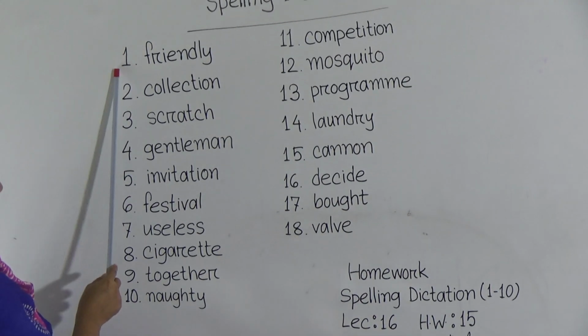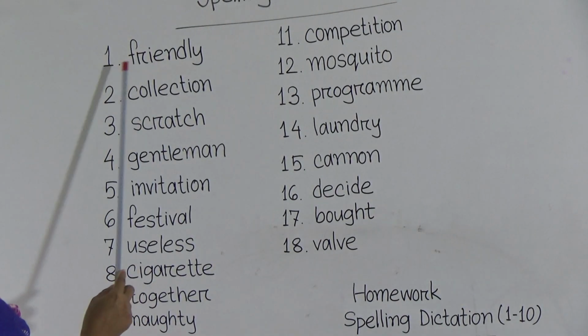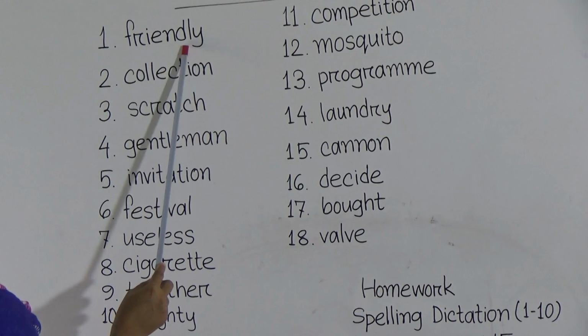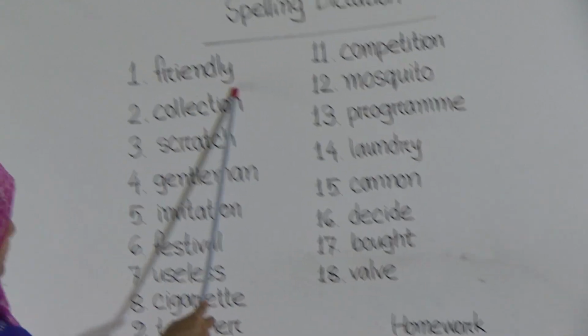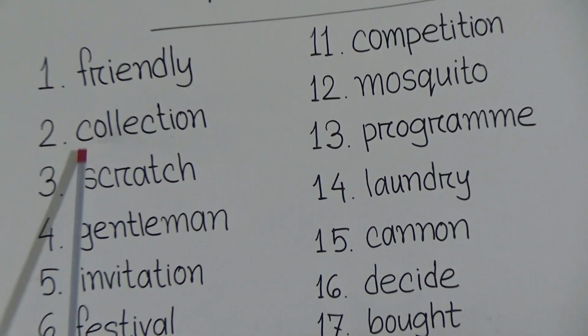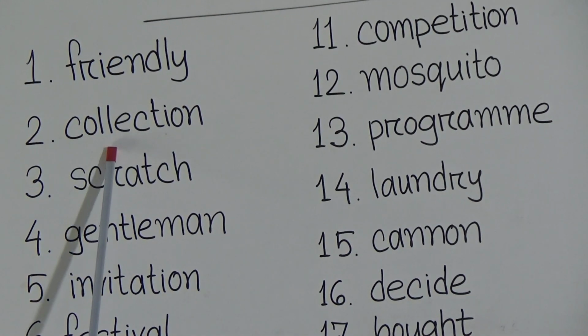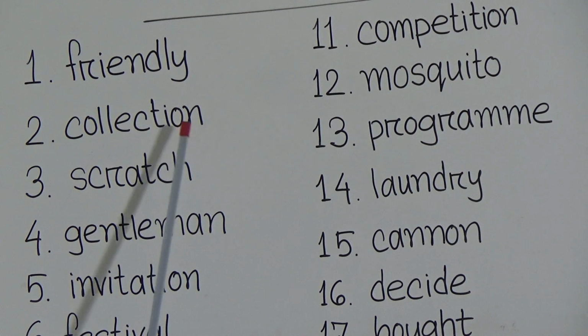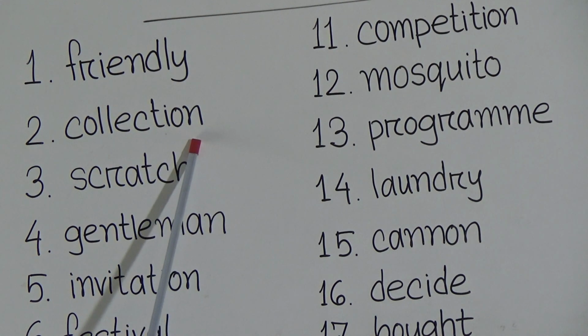From number 1, friendly. F-R-I-E-N-D-L-Y. Friendly. Number 2, collection. C-O-L-L-E-C-T-I-O-N. Collection.